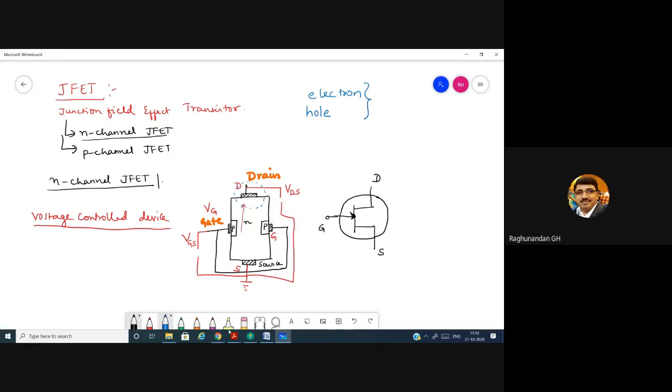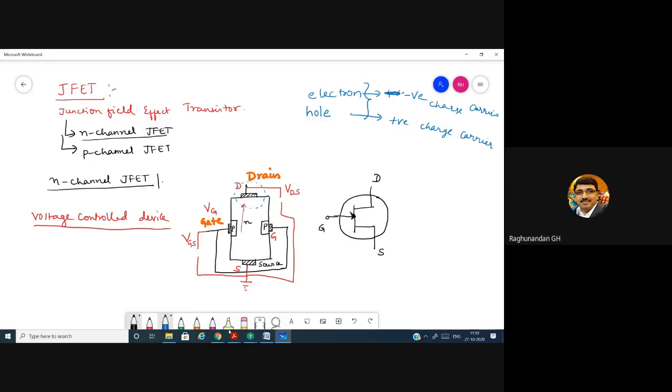Both are charge carriers, right? That means this is a negative charge carrier, and this is a positive charge carrier.